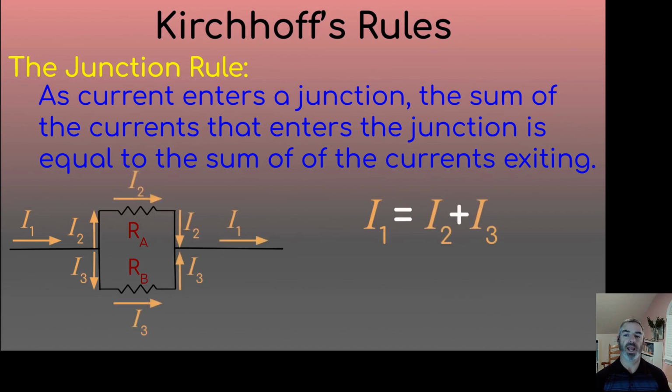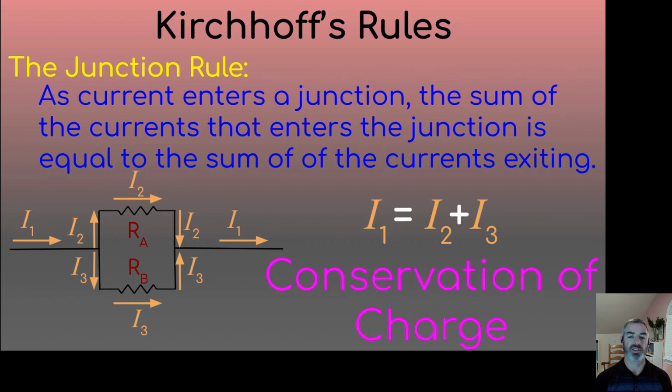So this would be a junction rule equation where we take the currents coming in equaling the sum of the current in each of the branches as the current splits. And this is conservation of charge, because the charge that enters the branch that splits has to equal the charge coming back out of the branch, or the charge in each branch as it's flowing through the circuit.